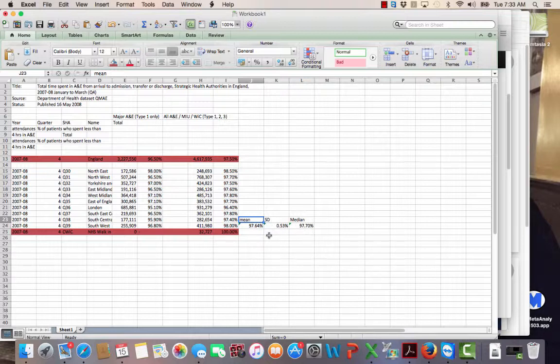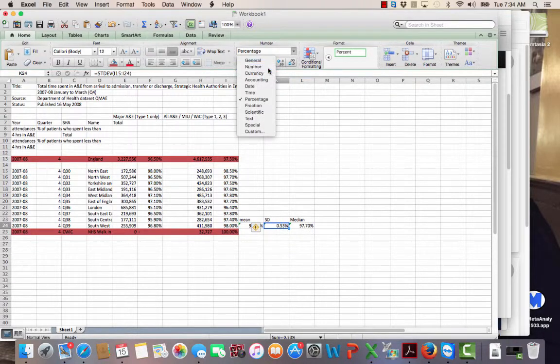Now, one of the things I want you to notice, and this is important, is presenting the information in the correct format. We were talking about percent, so average percent, standard deviation of the percent. When I calculate this, if I hadn't set this to be a percentage, and let me just show it as a number here, kick it out a couple of decimal places, I would have had 0.0053.